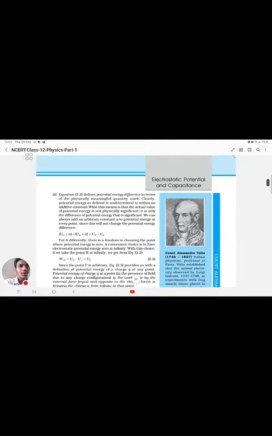So equation 2.2 defines potential energy difference in terms of the physically meaningful quantity, work. So clearly the potential energy so defined is undetermined to within an additive constant. What this means is that the actual value of potential energy is not physically significant, it is only the difference of the potential energy that is significant. We can always add an arbitrary constant alpha to the potential energy at every point, since this will not change the potential energy difference.